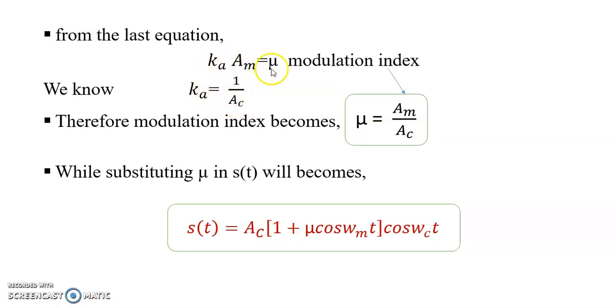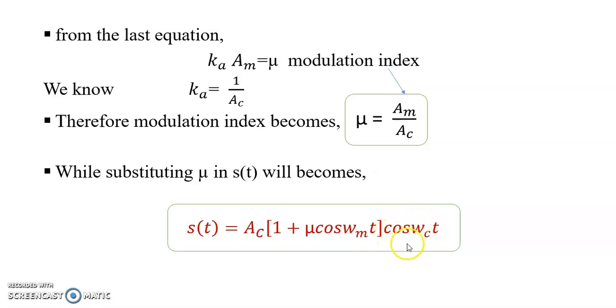Substituting this you will get μ is equal to Am by Ac. This is the amplitude of the message signal, and this is the amplitude of the carrier signal. The ratio between these two will give the modulation index, and then substituting this μ in the last equation we will get s(t) is equal to Ac [1 plus μ cos ωmt] into cos ωct.